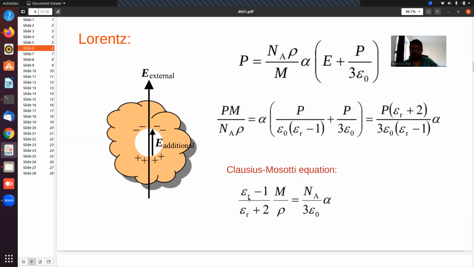Epsilon r is not local, it is an average, and alpha is a very local property. So going from macroscopic to microscopic, when we have no idea about the molecular structure, how can we get some guideline or some analytical solution? That is Lorentz's big contribution in that field.